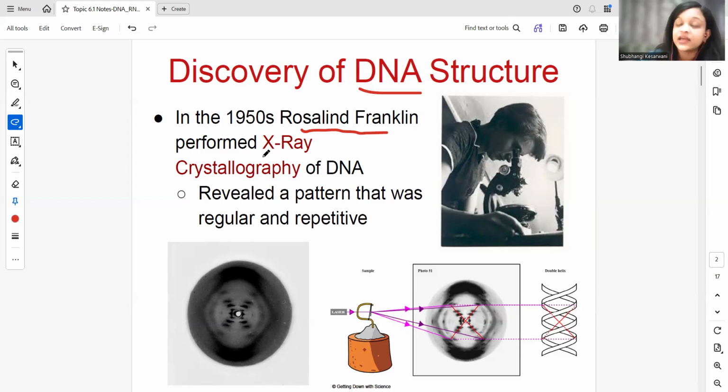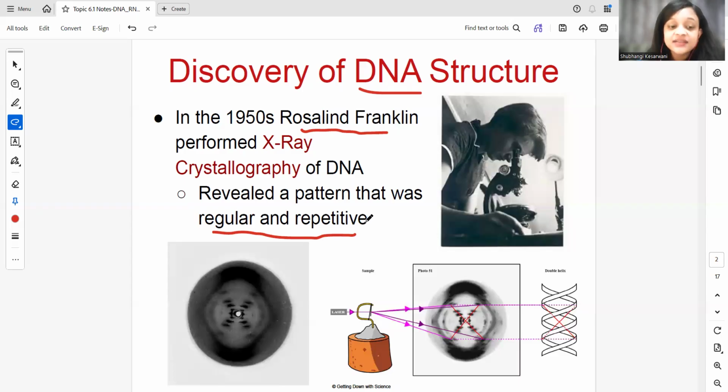So tell me one thing, if something gives you a repeating pattern in X-ray, do you think it could be messy, or is it well organized? Yes, it will be well organized, because we are saying that it is repeating and it is regular. If something is continuously repeating and regular, it means it is organized.